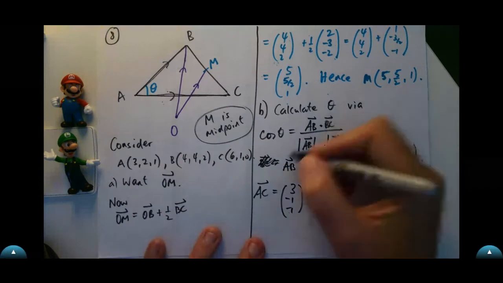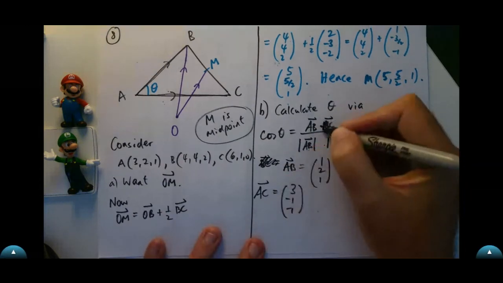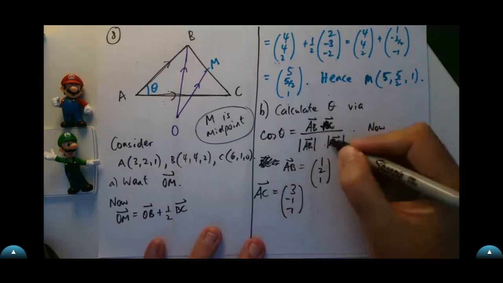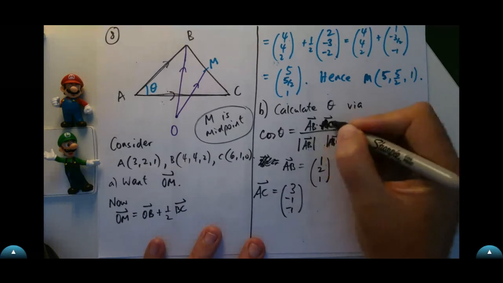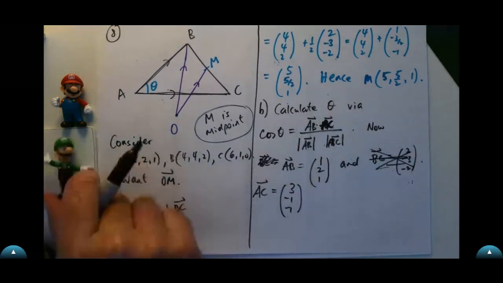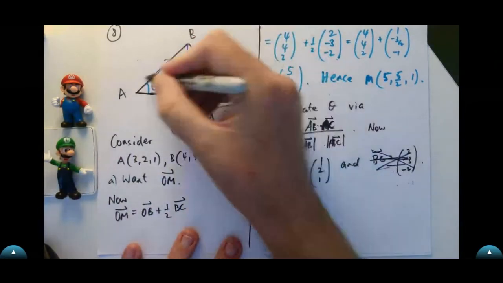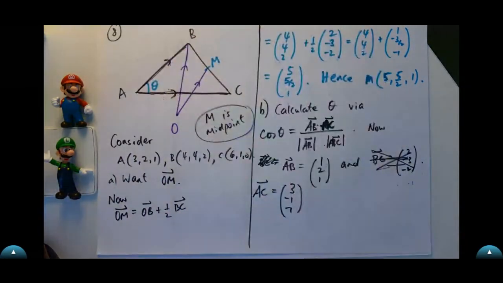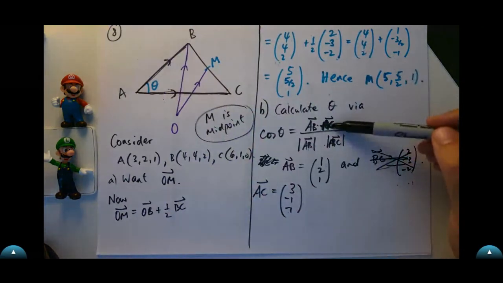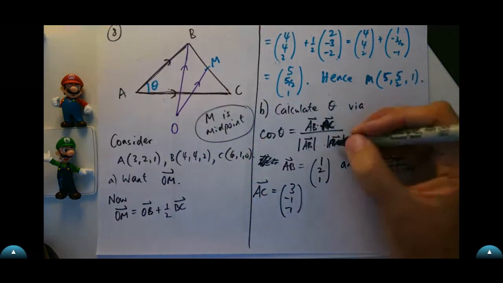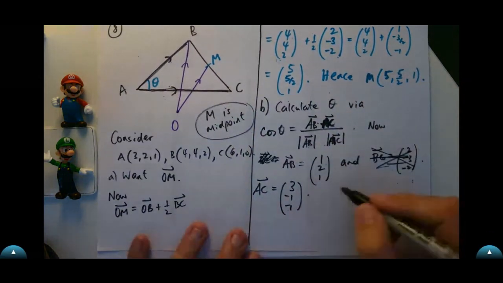Okay, so that should be AC, not BC. Oh, it's a fail. Okay, so I want that vector with that vector. So that's an AC there. AC there.